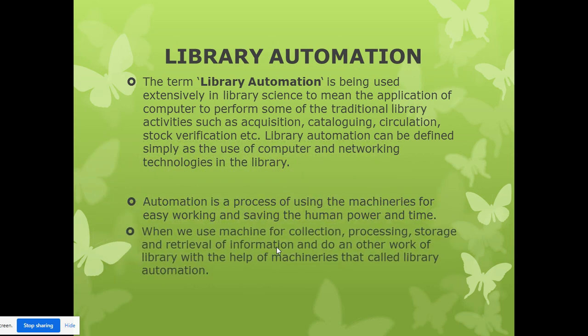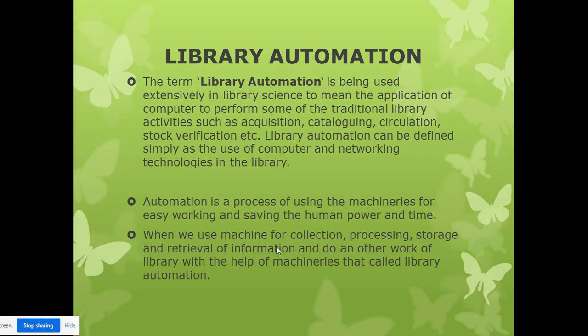Moving forward, okay. When we use machines for collection, processing, storage, and retrieval of information, and do any other work of the library with the help of machines, that is called library automation. In simple words, if we are using all operations through any electric machine, then it is called library automation.